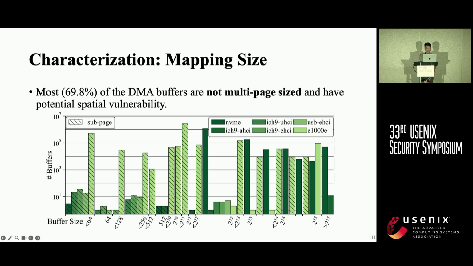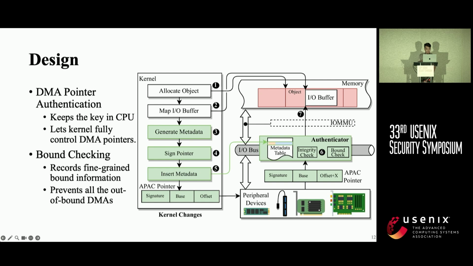We also discovered that the majority of buffers are not page-sized, leading to potential spatial vulnerabilities. Based on these findings, we designed DMAAUTH, a hardware-software co-design mechanism.